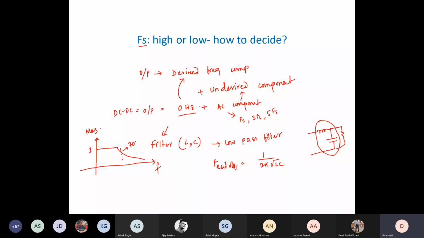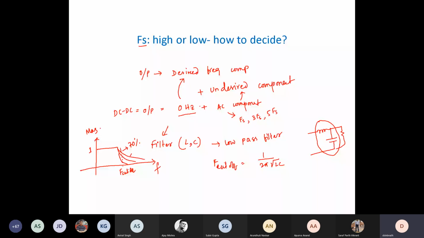After that, the output will go down drastically, and that's how we will be able to eliminate those higher order components. As you increase the order of the filter, this graph will come down even more drastically, so you will be able to eliminate the high frequency component in a sharper manner.